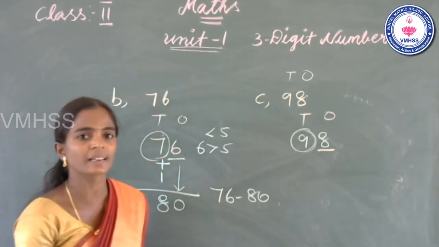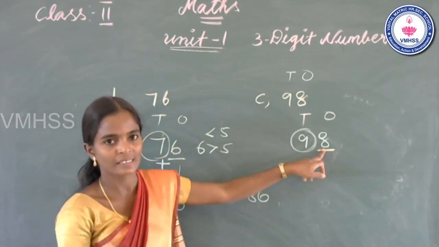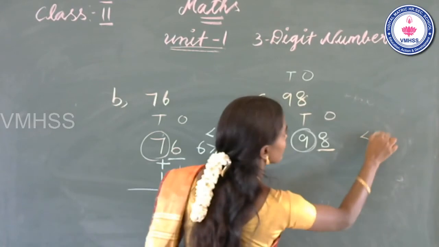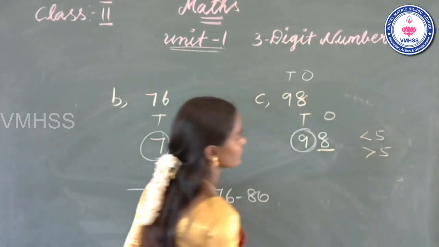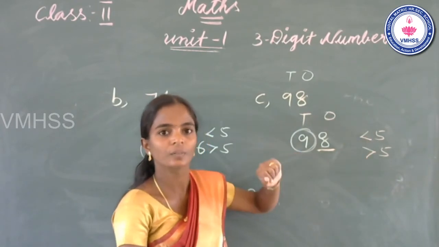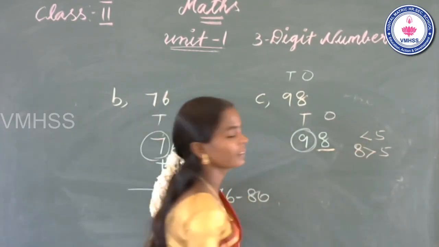What is the ones place number? 8. Very good. Is 8 less than 5 or greater than 5? Very good. 8 is greater than 5.